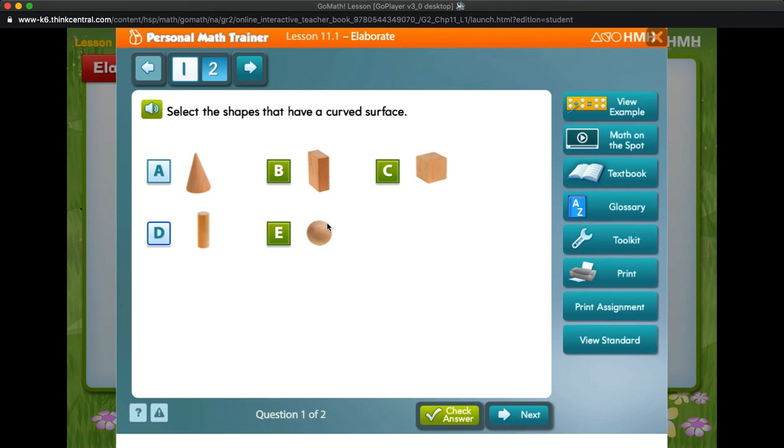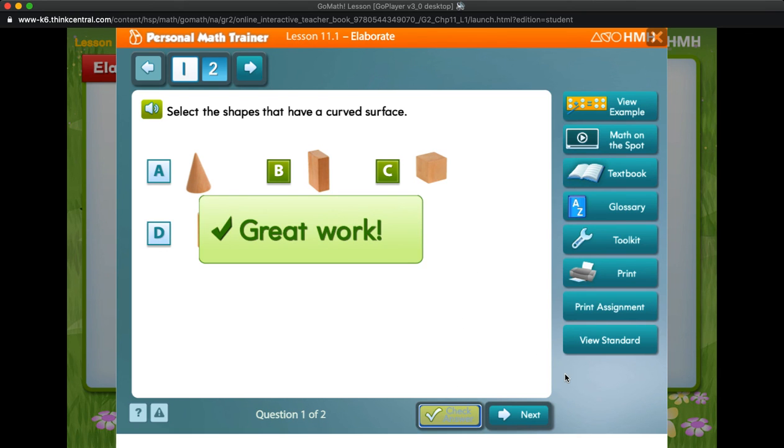So E is a sphere, and you can say that a sphere doesn't really have any surfaces because the whole object is curved and circular, but we like to think of the surface of a sphere as being the whole object. So this whole object, the whole surface of it is curved. So a sphere is also an example of an object with a curved surface. Great work! All right, nice job.